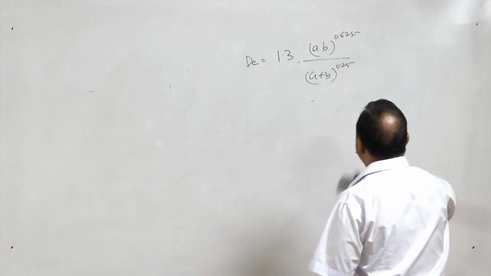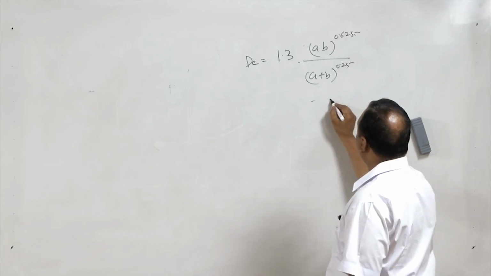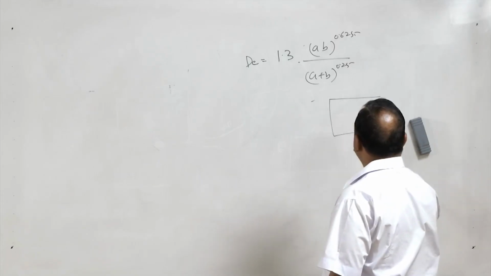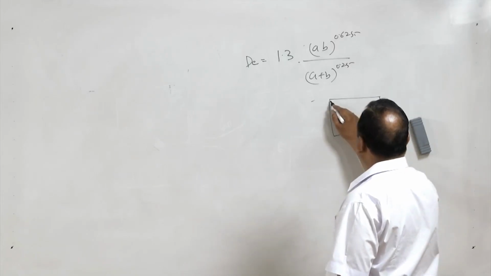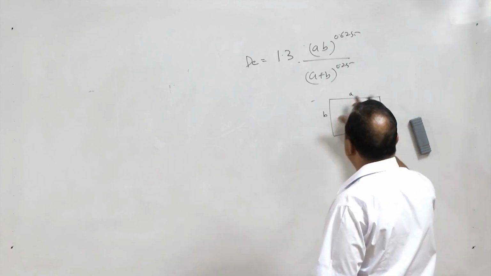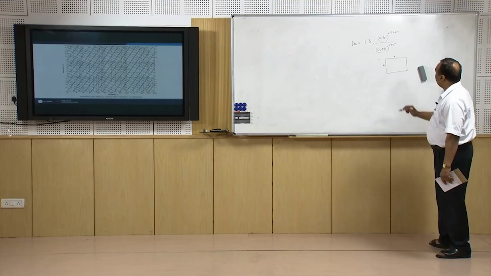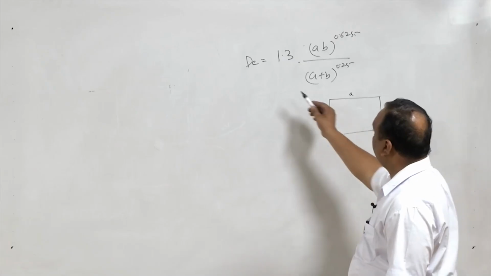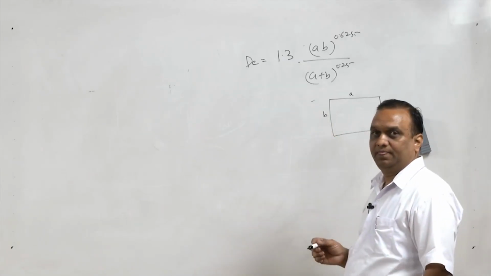So this is the equivalent diameter of a rectangular duct which has sides A and B. A and B can be either of the sides. So for this AB rectangular duct, this is going to be the equivalent diameter.